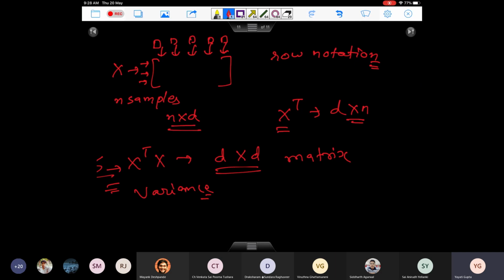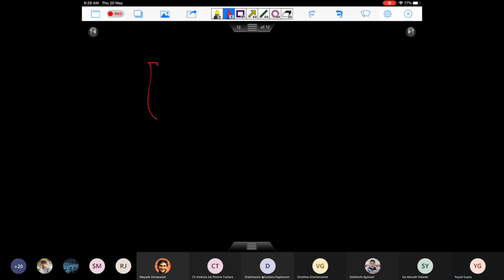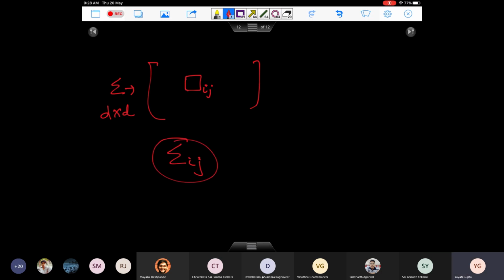If you look at this sigma, which is a D cross D matrix, look at any entry ij. What is sigma ij? This is essentially telling you, let me write it this way.